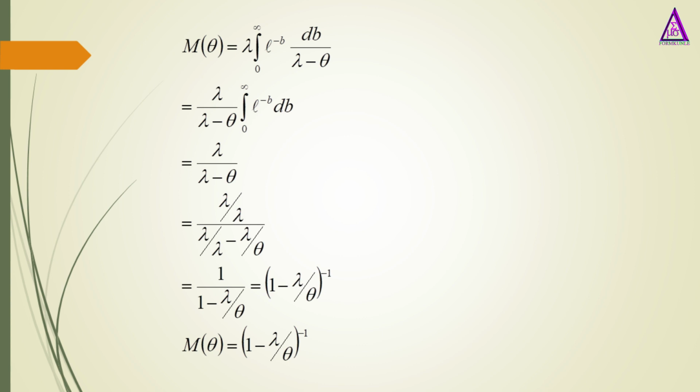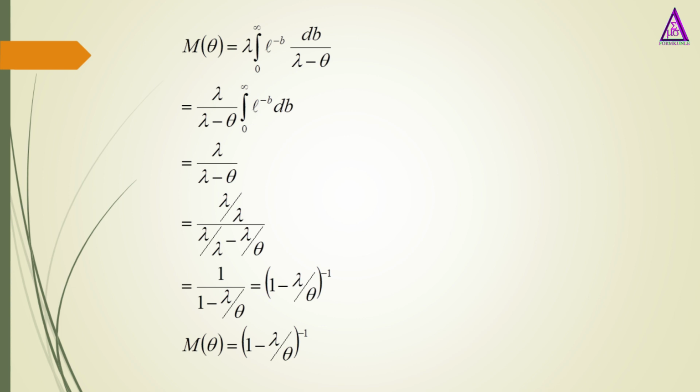So we factorize λ - θ out, and we have λ divided by λ - θ times the integral from 0 to infinity of e^(-b) db. We can see that the integral from 0 to infinity of e^(-b) db vanishes, because when we prove it further, we obtain 1.